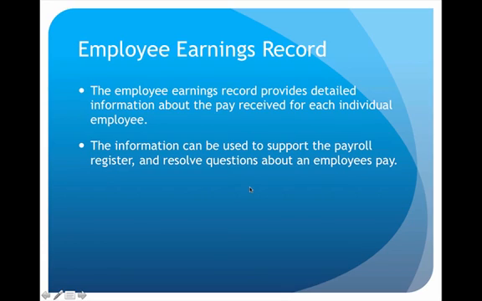Because sometimes an employee might have a question about why they made a certain amount, or why did we deduct a certain amount. Well, if they have those types of questions, we can always go back to that employee earning record and show them specifically in a very detailed way how that money was calculated.